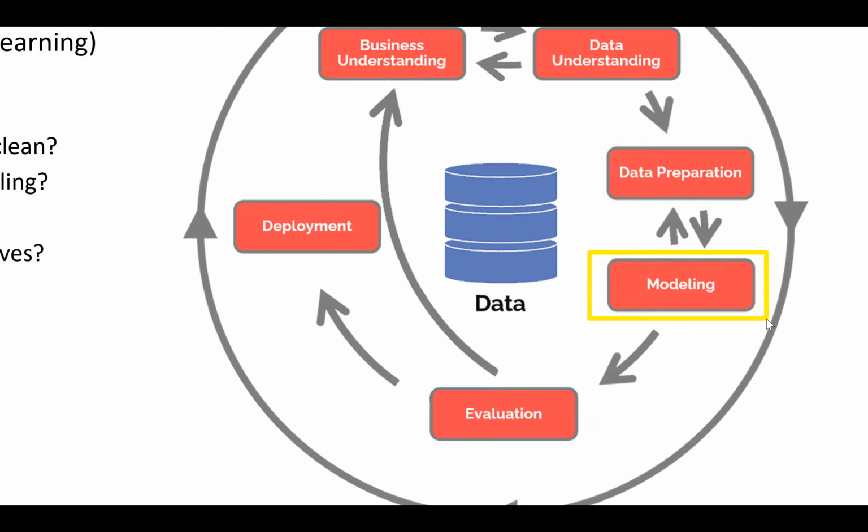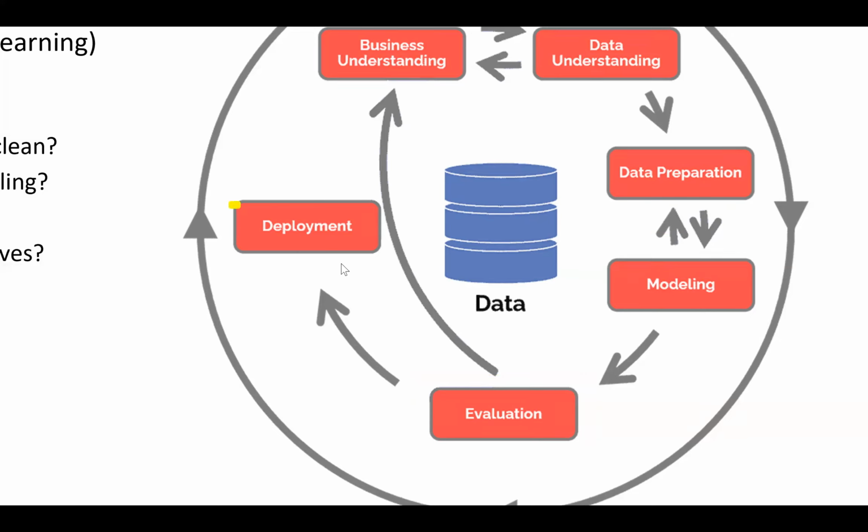And then you select the models that you are going to use, and you notice here there is a back and forth arrow, which means that if your model doesn't work very well yet, you need to repeat several steps. Let's say this one is missing some data, so you need to go back to the data preparation. After that, if you have done it well, you go to the evaluation process.